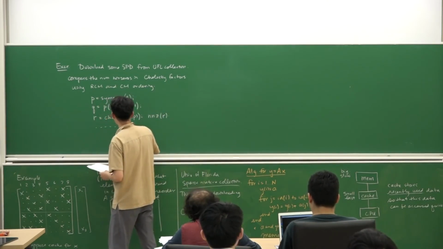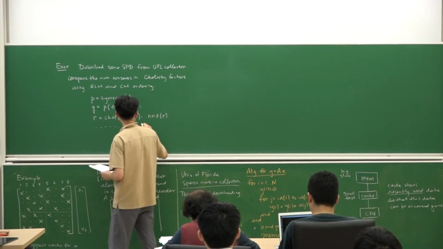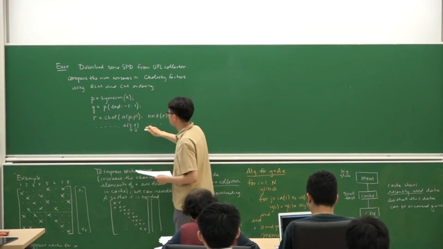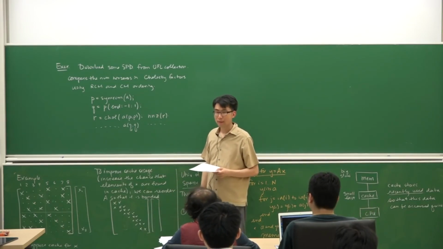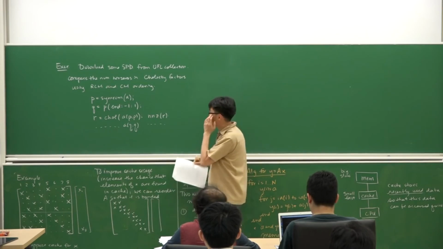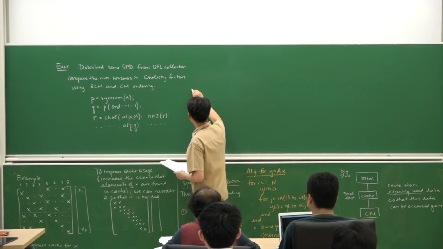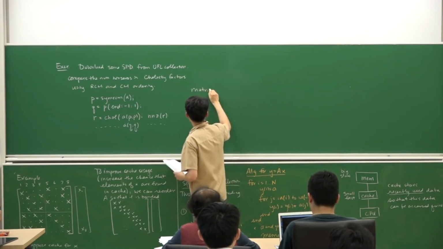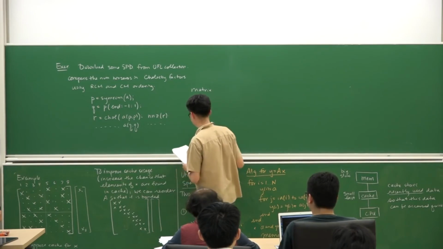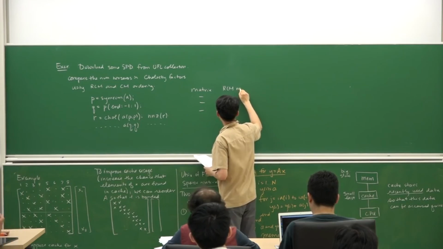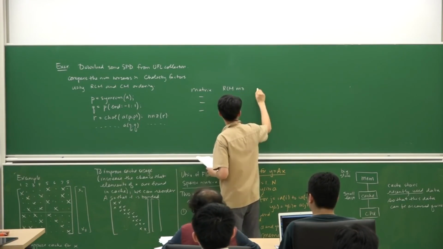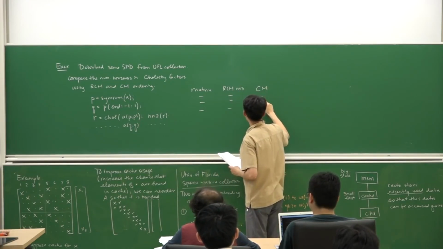and then similarly do the same thing for Cuthill-McKee ordering. Okay? And what you can do is to make a table, maybe do a few matrices, RCM, number of non-zeros, and Cuthill-McKee, number of non-zeros.